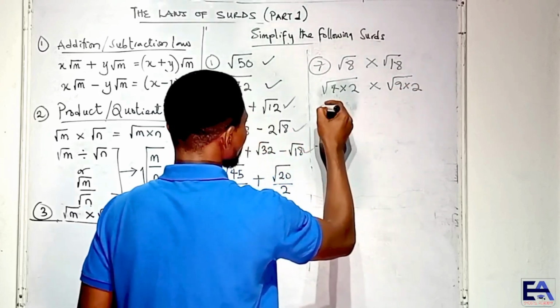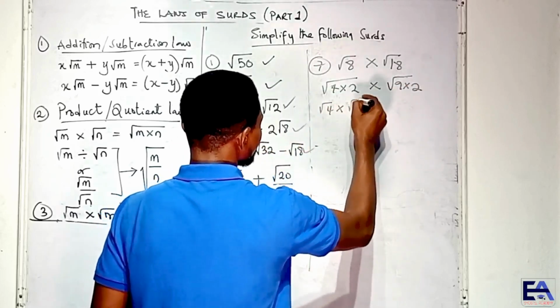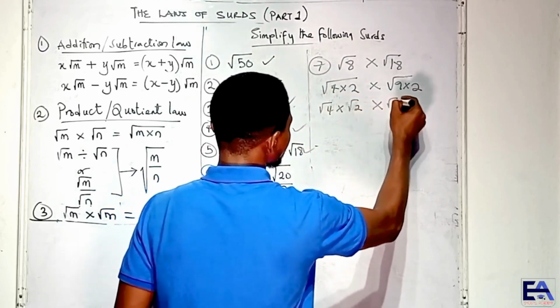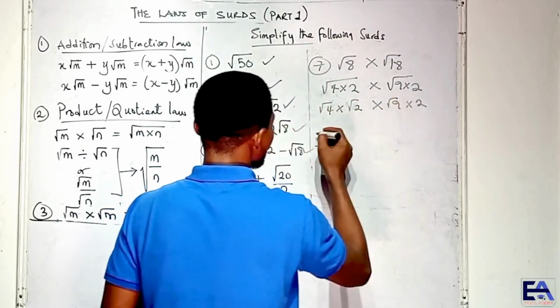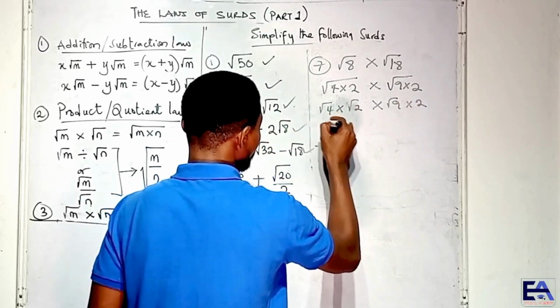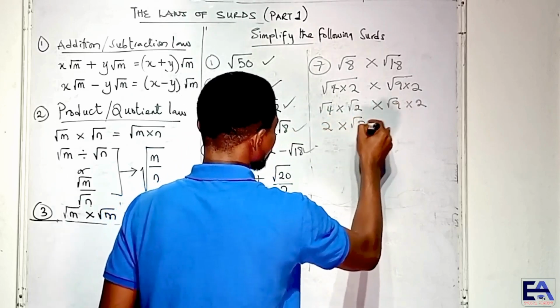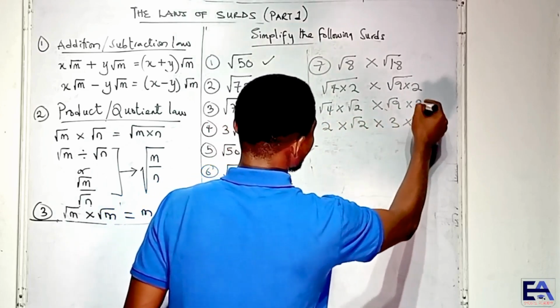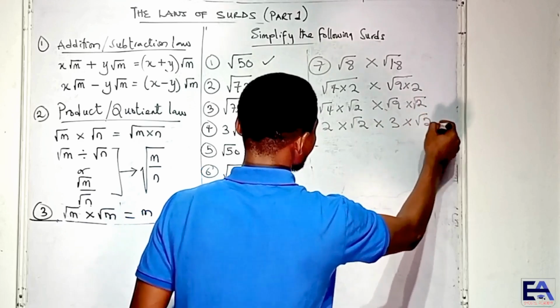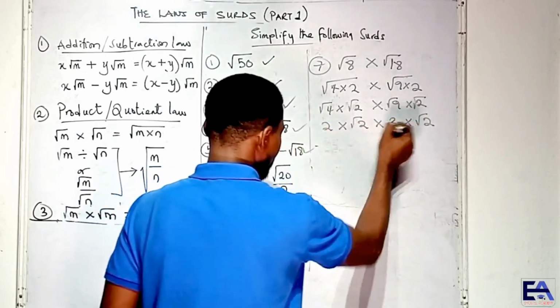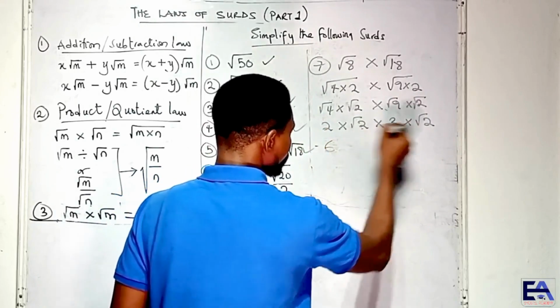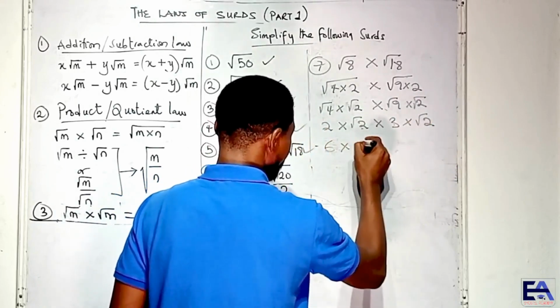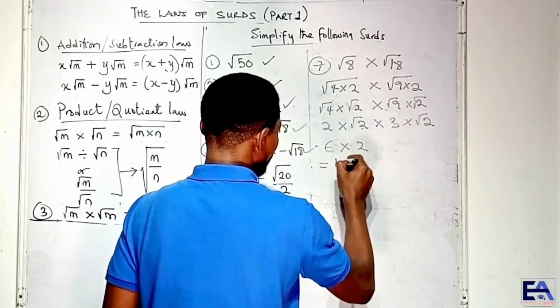And then we have this one as root 4 times root 2 multiplied by root 9 times root 2. And then root 4 is 2 multiplied by root 2 times root 9, which is 3 multiplied by root 2. Okay, so 2 times 3 gives us 6. Root 2 times root 2 gives us ordinary 2. And then this is 12.